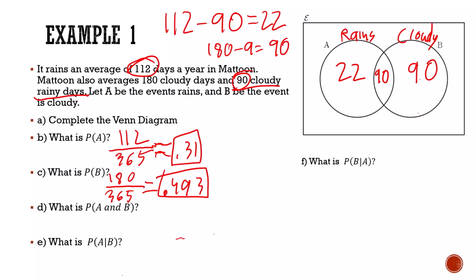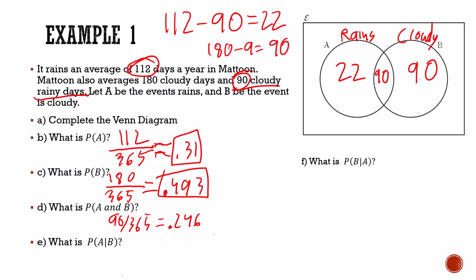Okay, now this one's not hard. What's the probability of A and B, that it's both rainy and cloudy? 90 divided by 365, which has a decimal. This is the same place where I got that number earlier, Regina.